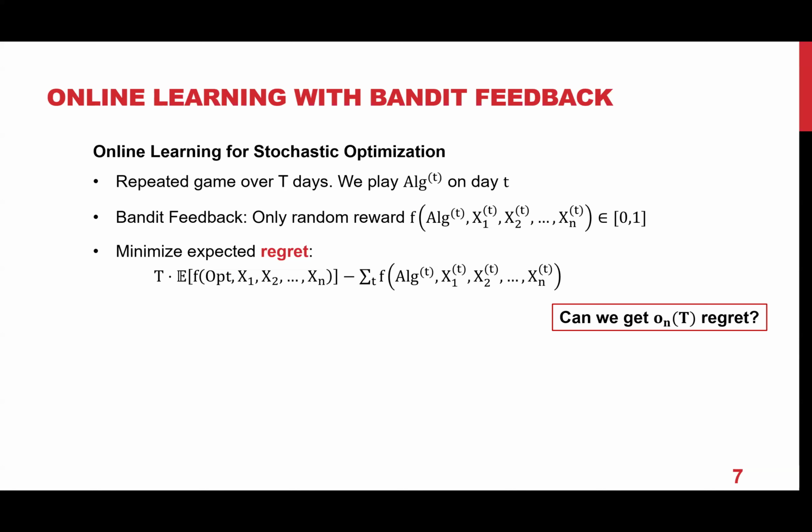I don't get to see any of the xi's even. If my reward is given by one of the xi's, then in some sense I get to see that xi. But the only feedback that my algorithm is receiving is the value of the function. Suppose I go back to Pandora's box problem. I run an algorithm that opens boxes in some sequence, and at some point, if my value is large, then I stop.